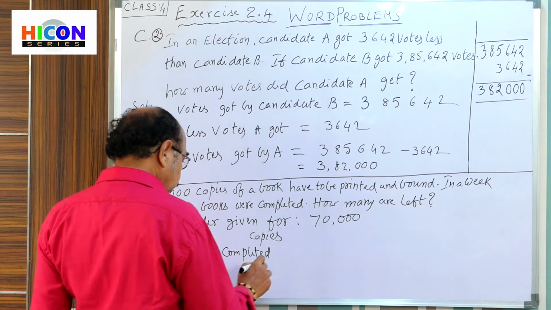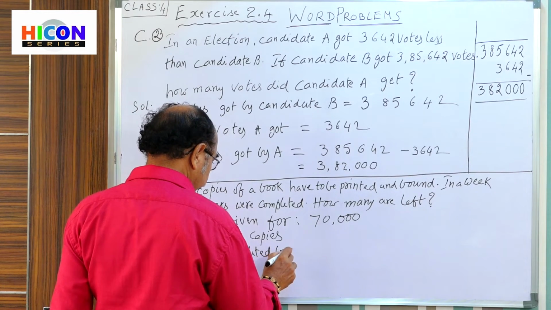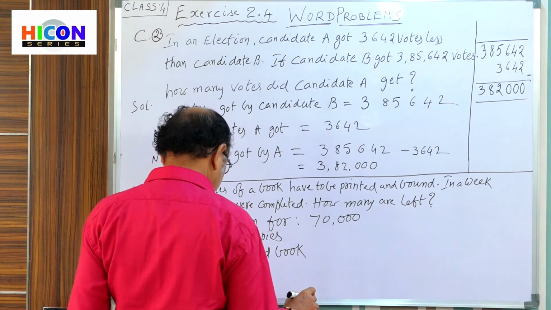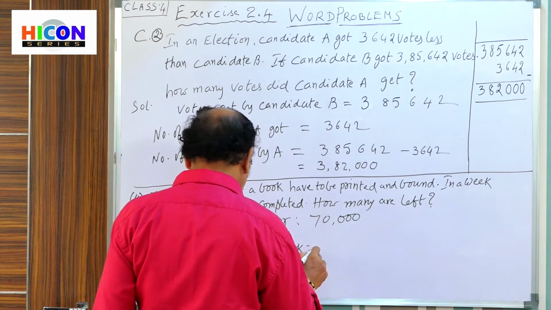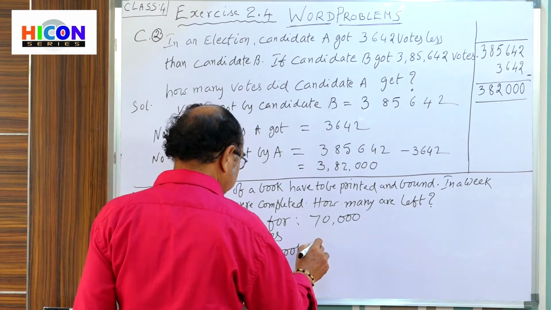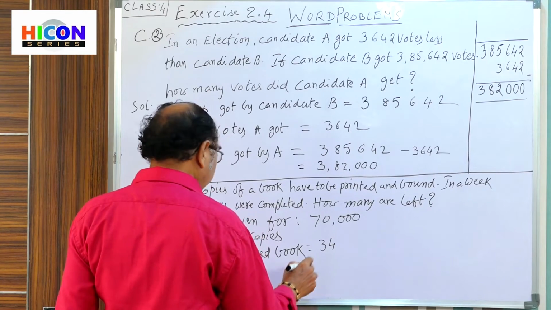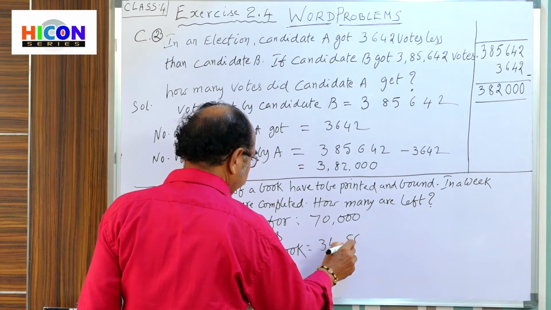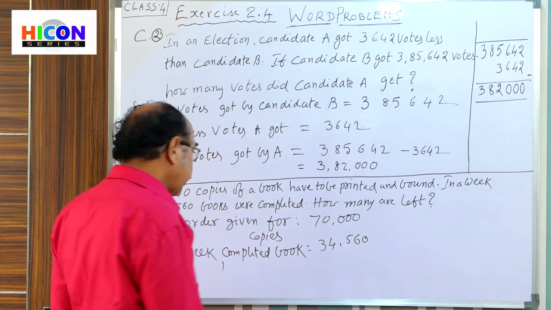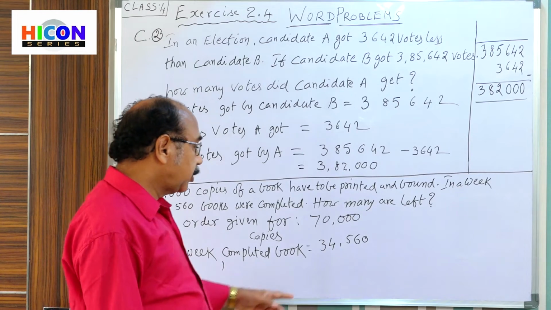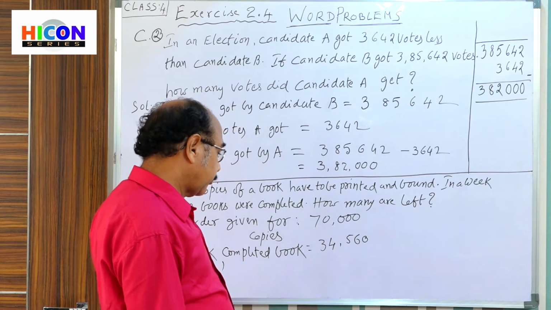In a week, completed books. How many books were completed here? 34,560. Only these books were completed.